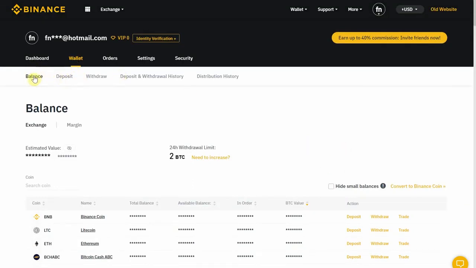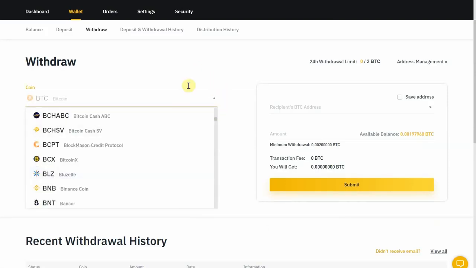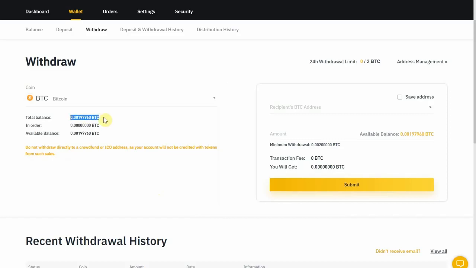Anyways, this is your balance page and this is your deposit page. If you ever want to withdraw money, this is where you would go. In the withdrawal page, you get to choose which coin you want to withdraw, and it will tell you your balance, how much you have in orders, and how much you can withdraw.